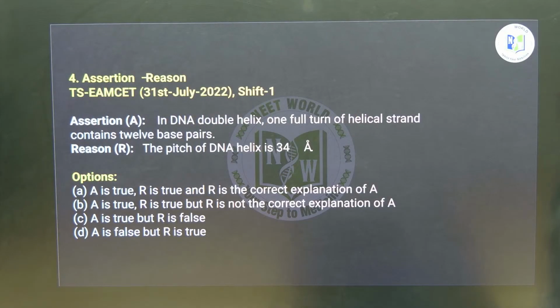Assertion, reason type of question. This is from the DNA helical model. Observe, look into the question carefully and answer.